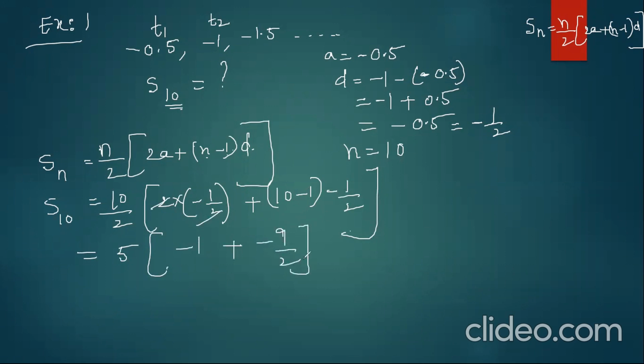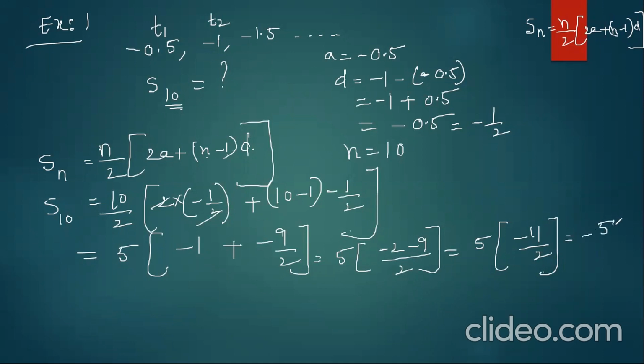Taking LCM, 5 times minus 2 minus 9, so 5 times minus 11 by 2. So how much will you get? Minus 55 by 2. That is equal to minus 27.5. Like this, we can easily calculate the sum to n terms of an AP.